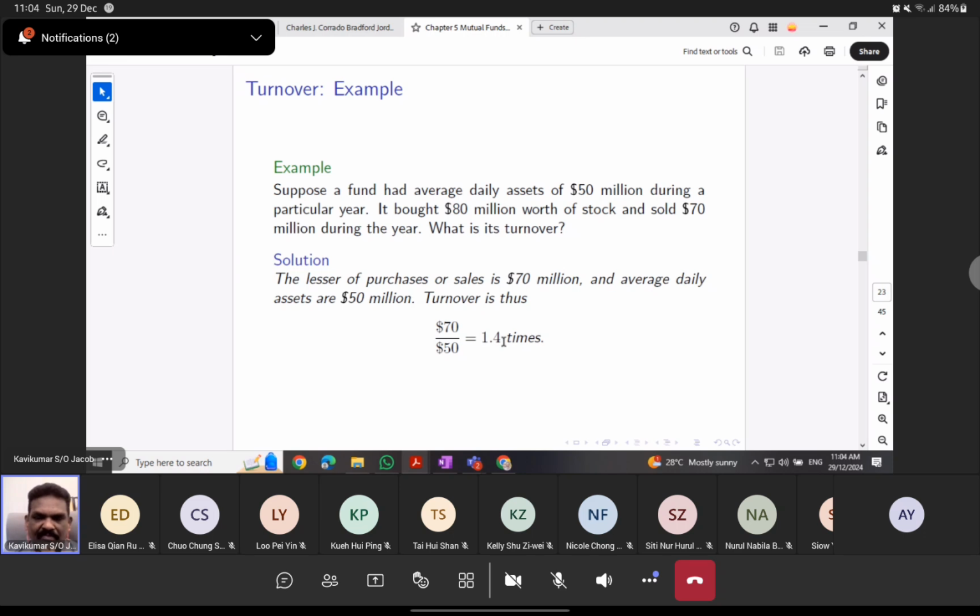So turnover is 1.4 times. They bought $80 million, which is the highest, but they sold $70 million, which is the lesser.